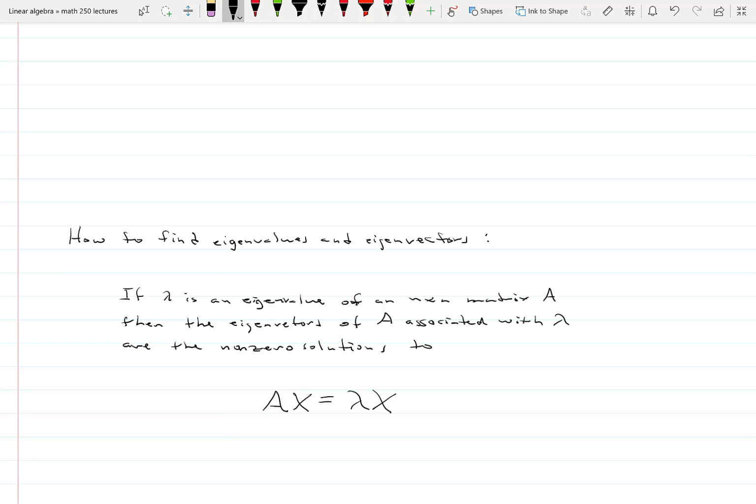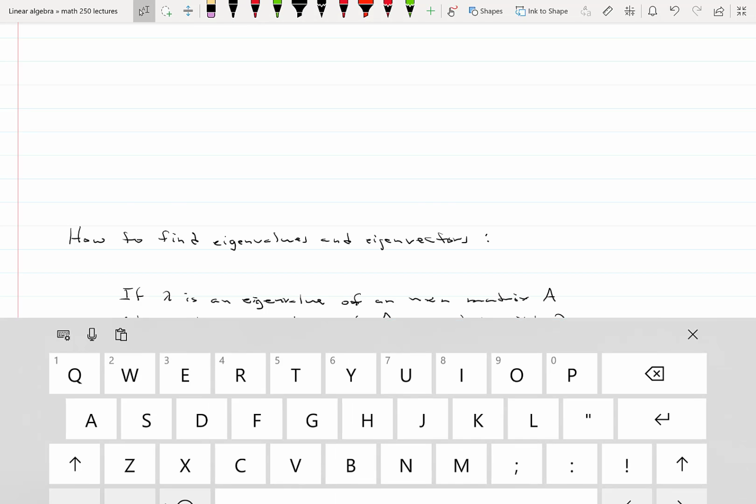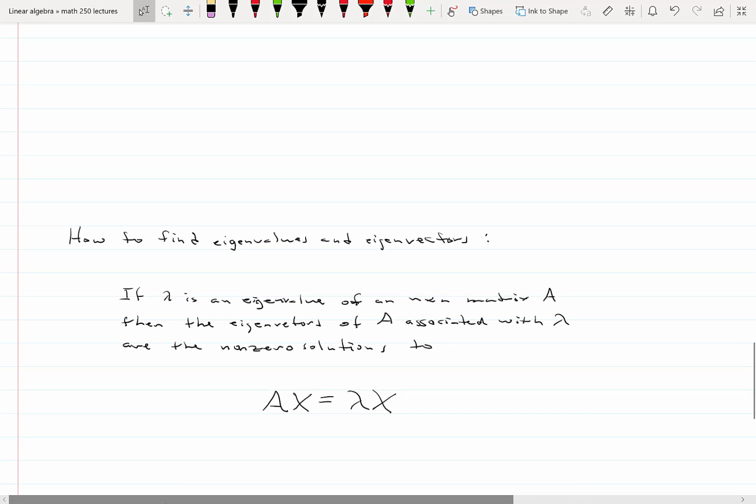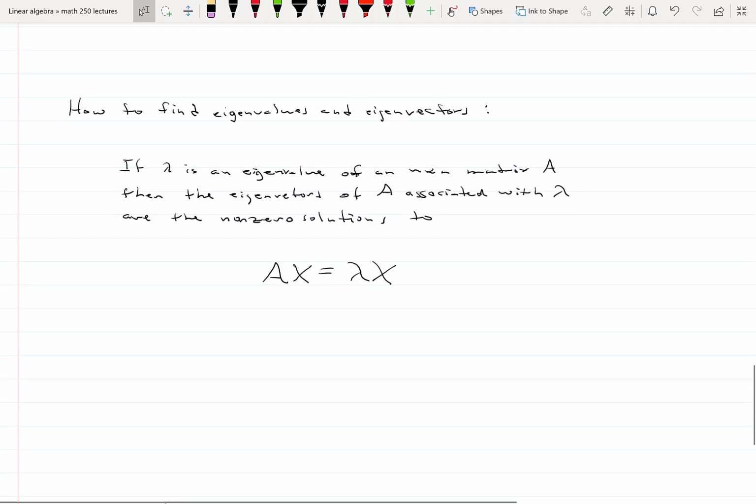You notice the difference here. I'm writing capital X instead of V on purpose, because what we have here is a system of equations, and we're used to, from our chapter 1, seeing the capital X used for systems, although it's just fine to use V.